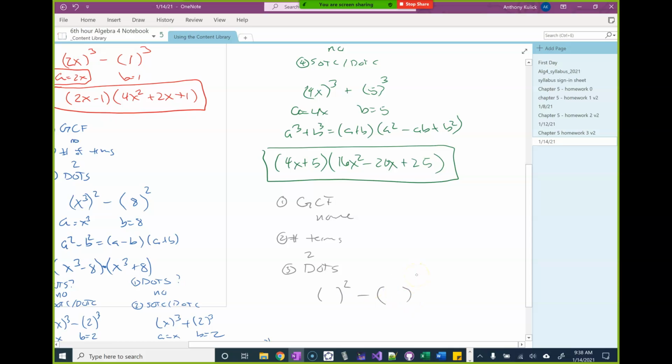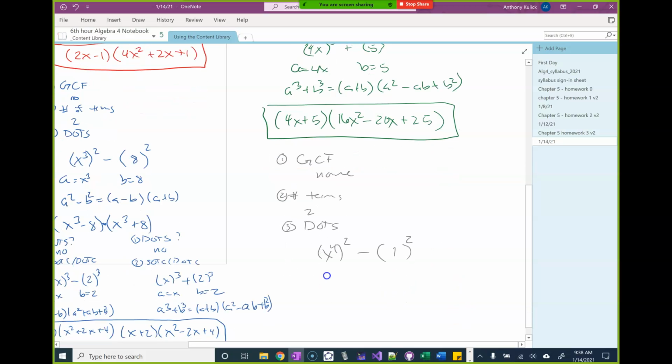So at least we're in the right format. x to the 8th is 8 x's. I divide it into two pools, so it'd be 4 and 4. So it's going to be x to the 4th squared, and 1 is just 1 squared. So my a is x to the 4th, and I get x to the 4th minus 1 times x to the 4th plus 1.